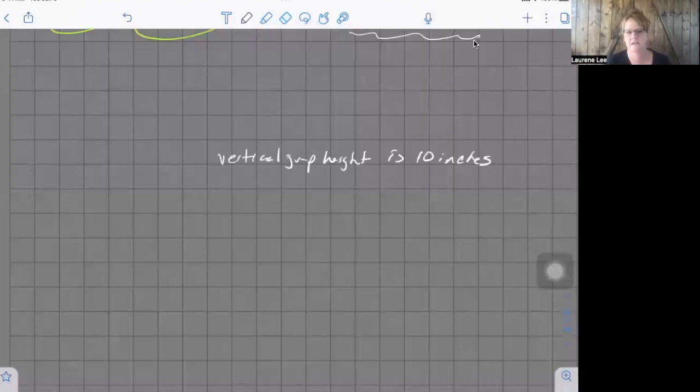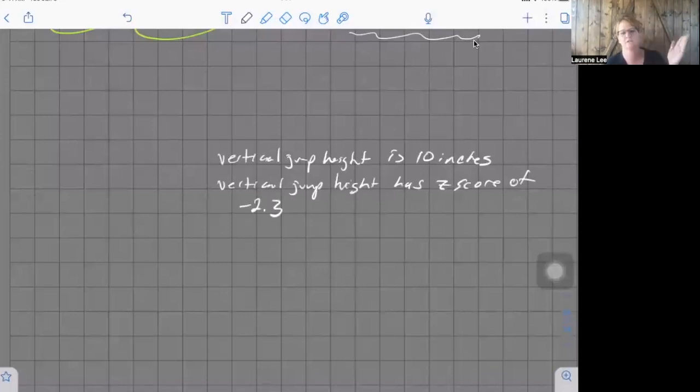You can't tell me anything about that. But if I tell you that my vertical jump height has a z-score of -2.3, then you can say, oh, you're on the low end of things. You're an outlier. You're unusually low, right? Because that's 2.3 standard deviations away from the mean. And anything beyond 2 is an outlier. So you're like, you need to go to the gym and work on your vertical jump. Okay.